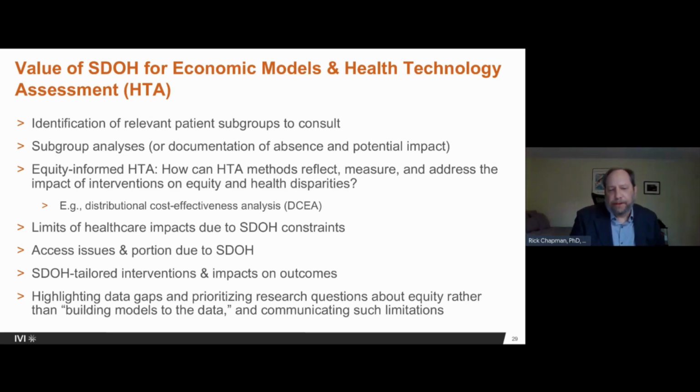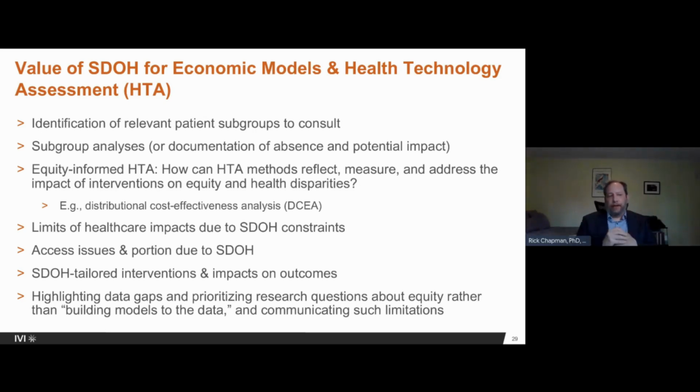An example of this is a relatively new method, at least in the US, distributional cost effectiveness analysis, which really looks at, for people with different socioeconomic circumstances, what can we say about the impact of a new treatment or new intervention on those different populations?